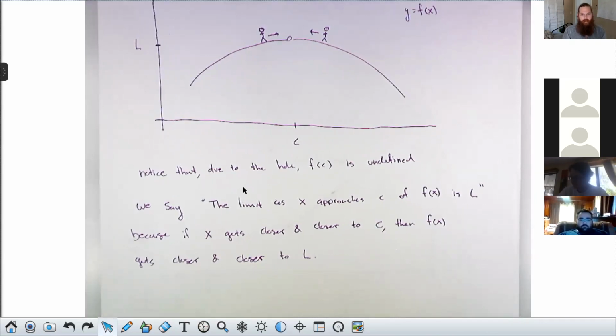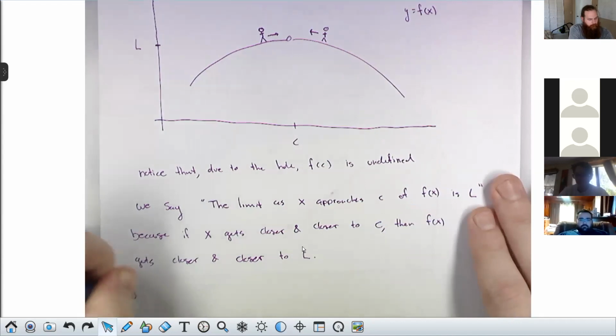So we say the limit as x approaches C of f of x is equal to L means the same thing as saying, if you let x get closer and closer to C, then f of x, the y values, will get closer and closer to L.